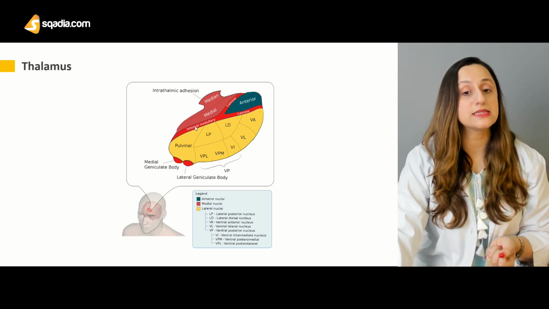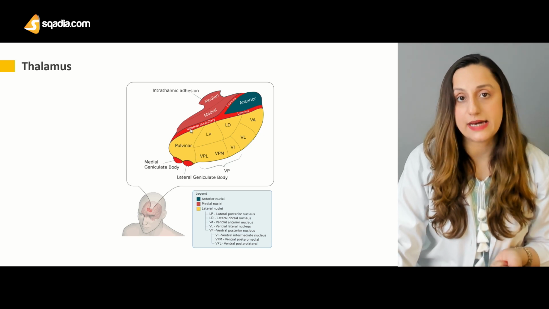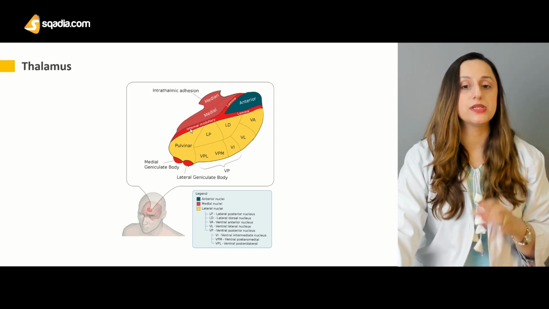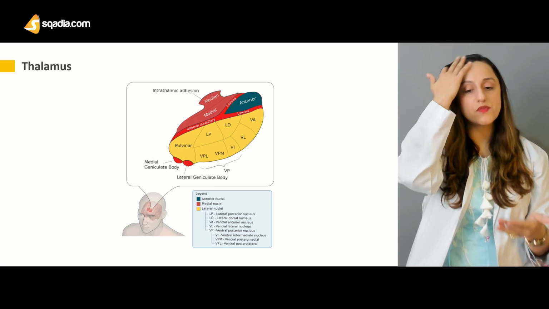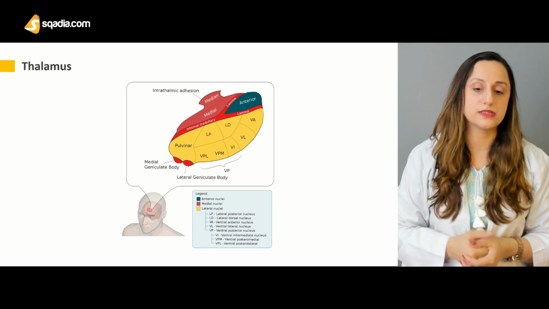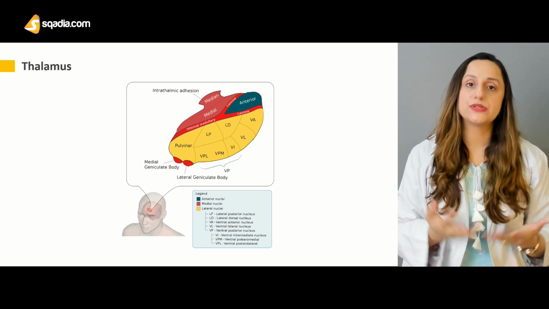The whole subdivisions are due to this internal medullary region, this Y-shaped region present over here. And then obviously there are further subdivisions, for instance the lateral posterior, lateral dorsal, ventral anterior, ventral lateral.